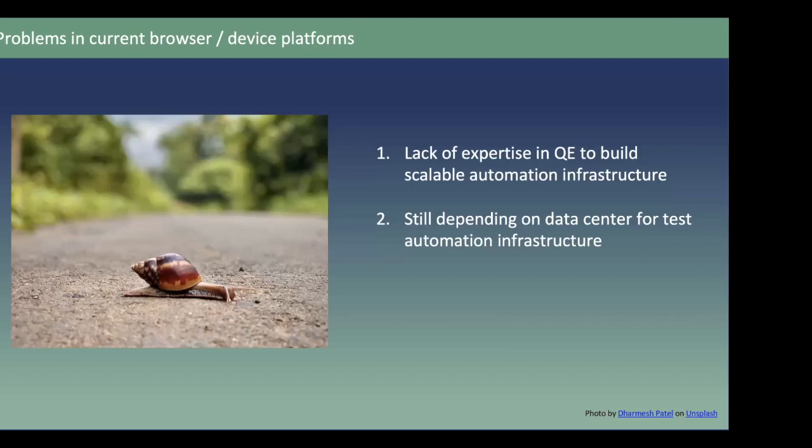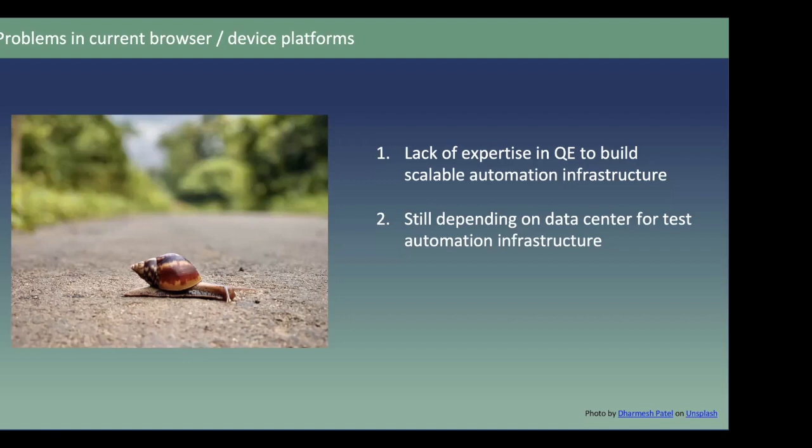The other one is lack of expertise in QE engineering, quality engineering, to build scalable automation infrastructure. Often it is normally the last organization to look at in terms of investing money. So because of lack of expertise, people still use primitive ways like running Selenium grid in your data center, still depending on a data center where you cannot scale, and still go slow.